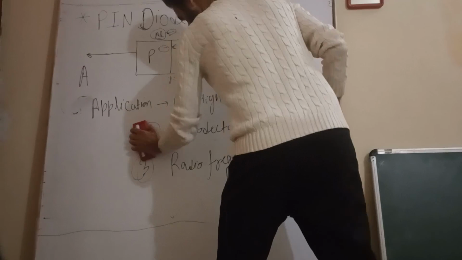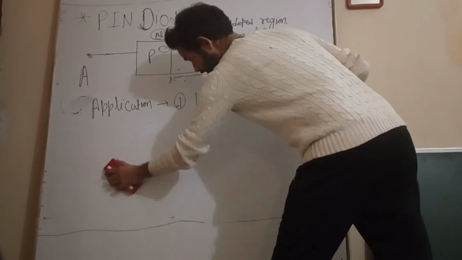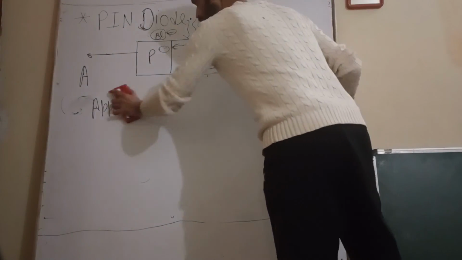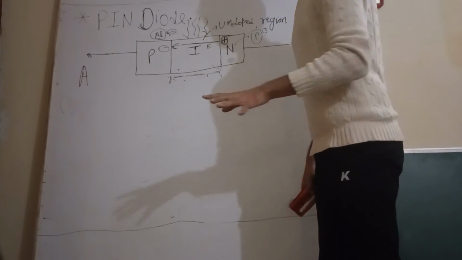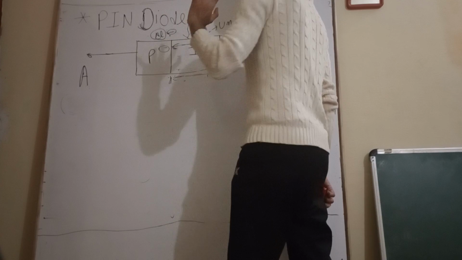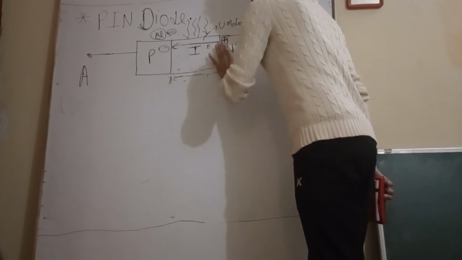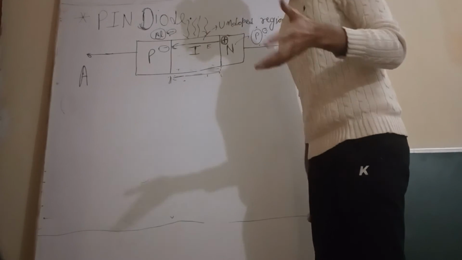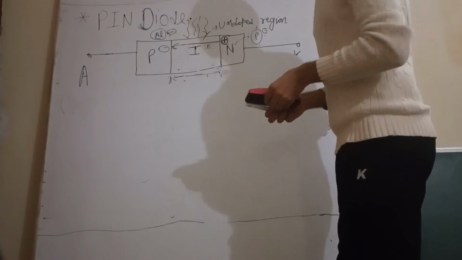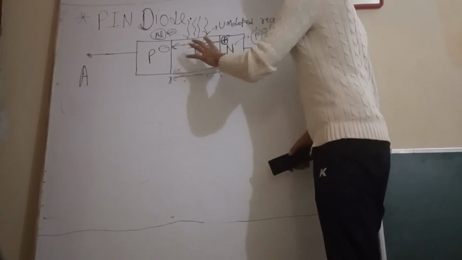Now we have seen the main purpose of this intrinsic region, because without the intrinsic region it is similar to a PN diode. So why the intrinsic region? Because we get different features due to this intrinsic region.